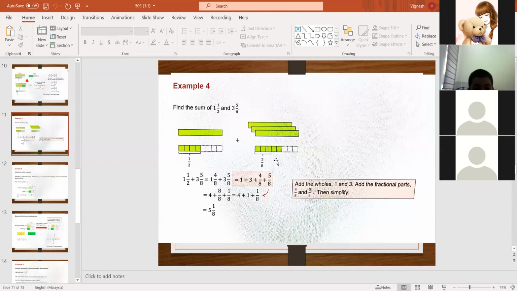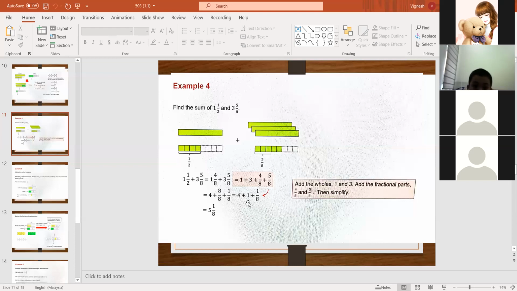So if you want to convert the improper fraction 9 over 8, you will get 1 1/8, correct? Because 1 times 8, 8 plus 1, 9. So 9 over 8, you have to convert it to a mixed number. You have no choice.